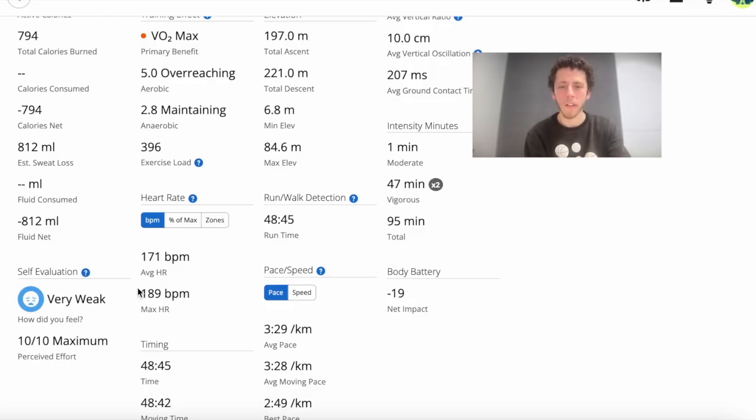So very high. And this is 92% of my maximum heart rate and 102% of my max, both average and max heart rate recorded in this run.